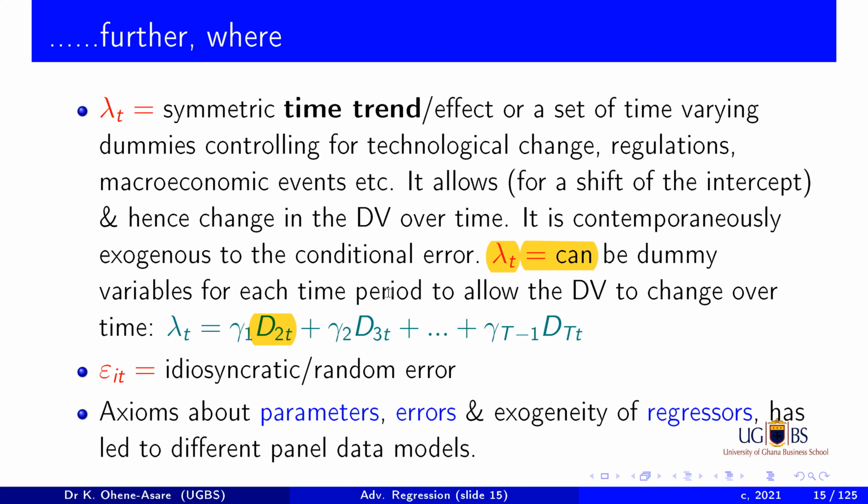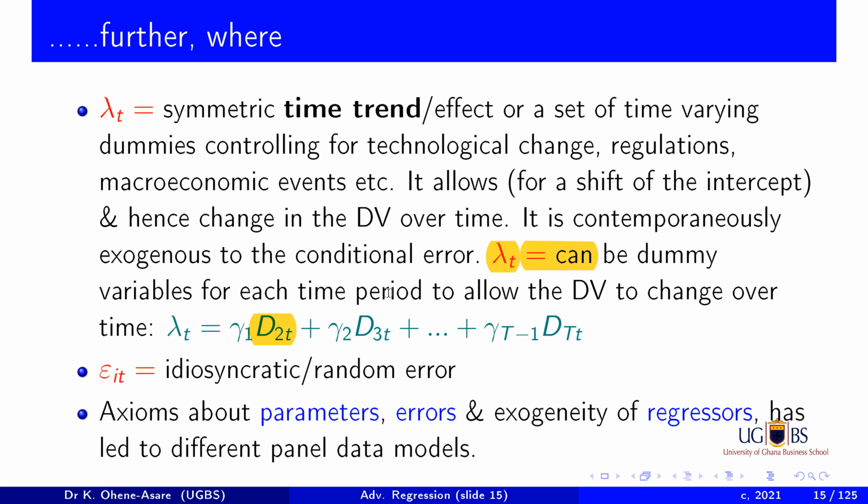All right. The last one is the idiosyncratic error, the random error. Now, the most important thing about all of this is the assumptions we make about the errors and the exogeneity of the regressors.